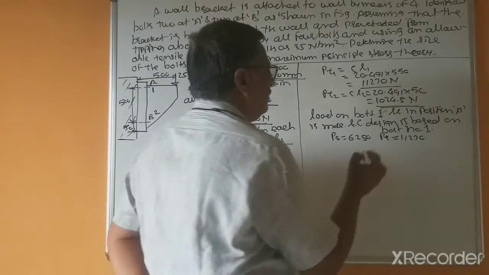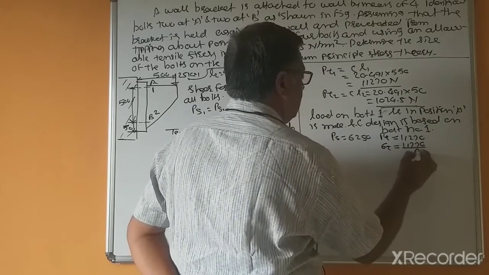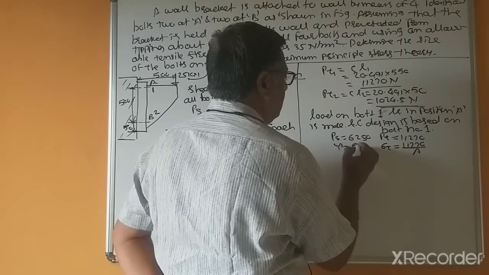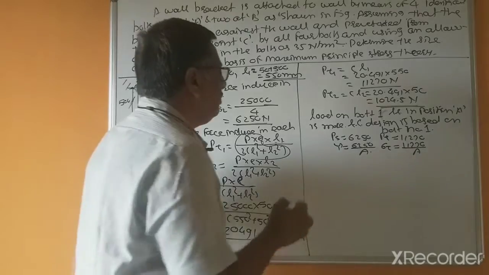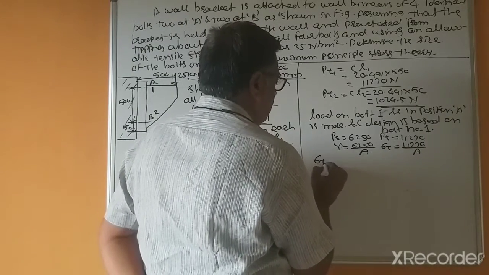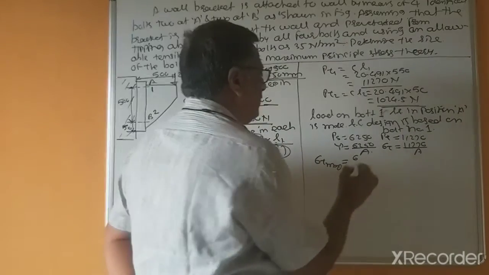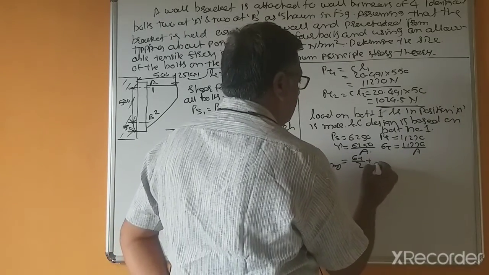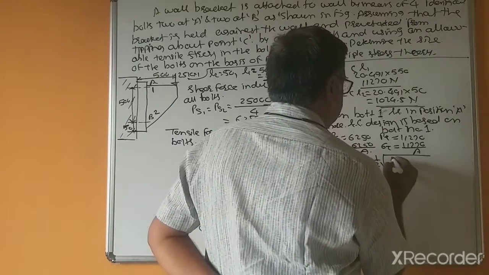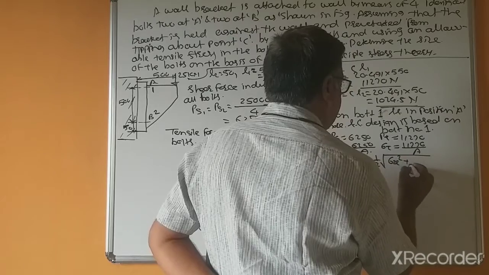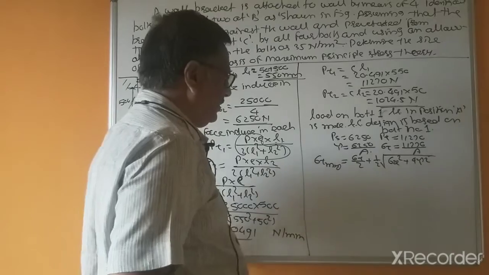So that's why sigma T equal to this, and tau equal to 6250 divided by A. Now by using, tau maximum equal to sigma T divided by 2 plus half into square root of sigma T square plus 4 tau square.